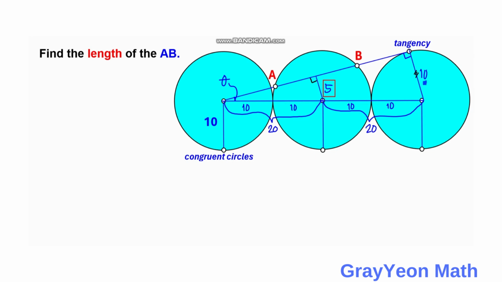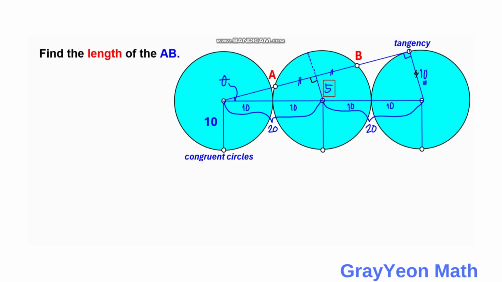This 5-unit segment is a perpendicular bisector of this line AB, because it is a radius perpendicular to this line AB. I mean, if you continue this from the center, this could be a radius.